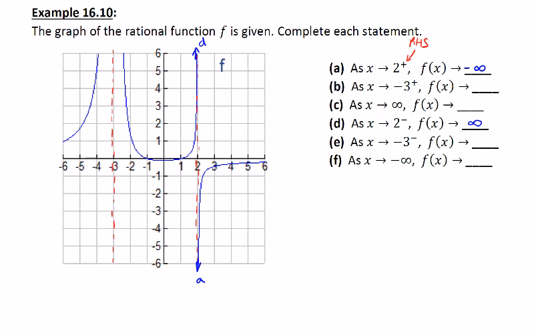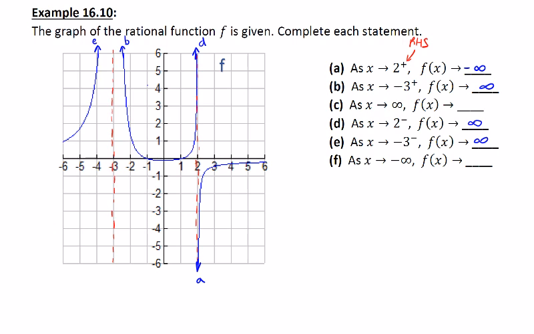And certainly there is an arrow to the right, and there is also an arrow to the left. To the right is going to be statement B. To the left is going to be statement E. And both of those arrows are getting larger in the positive direction for y. So for both statement B and statement E, I will have approaches infinity.